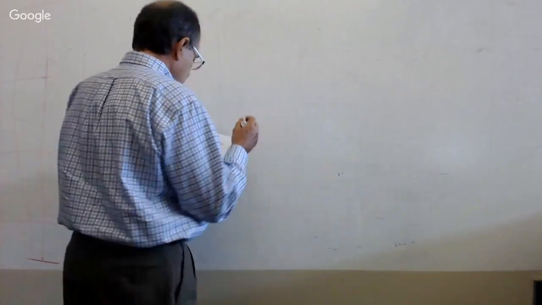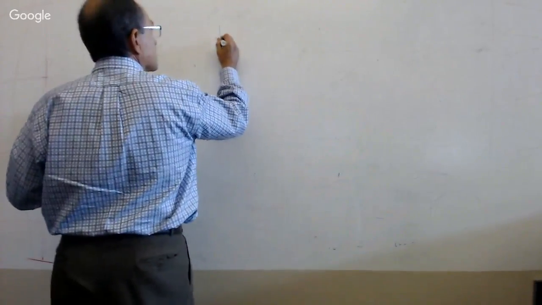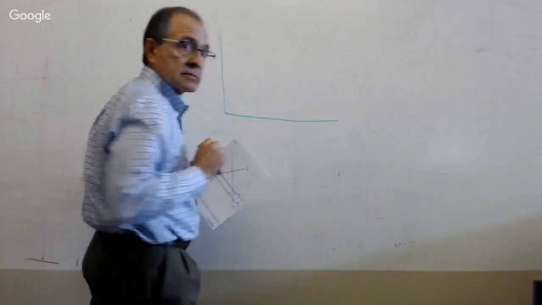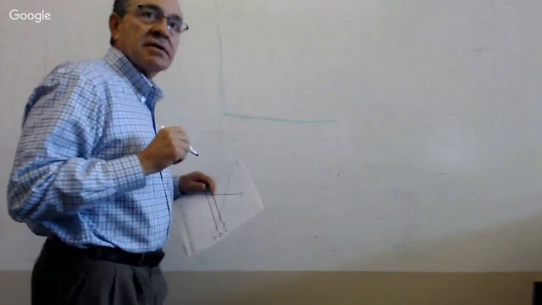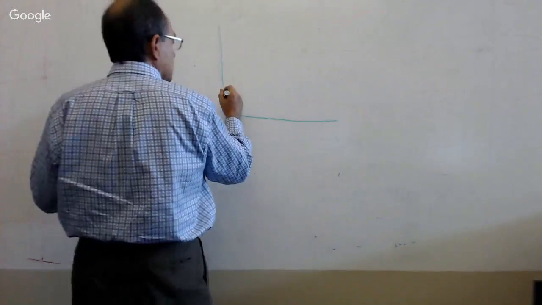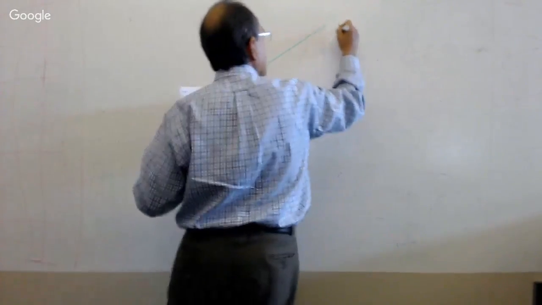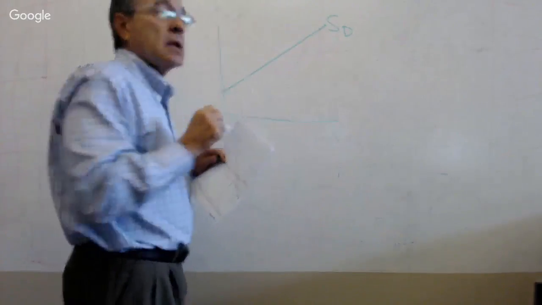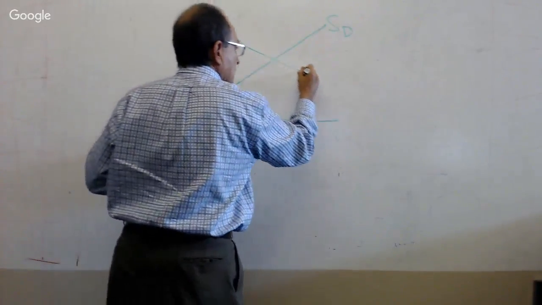So here's the graph. I'm just checking to make sure that you can see what I've written here. Okay, so here's the domestic supply curve. And here's the domestic demand curve.